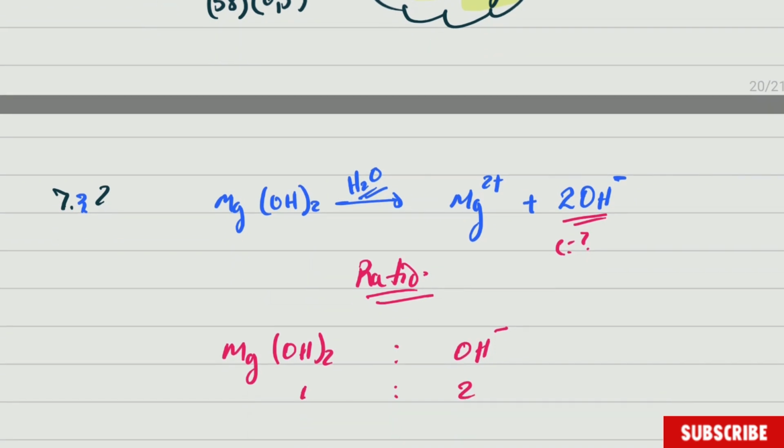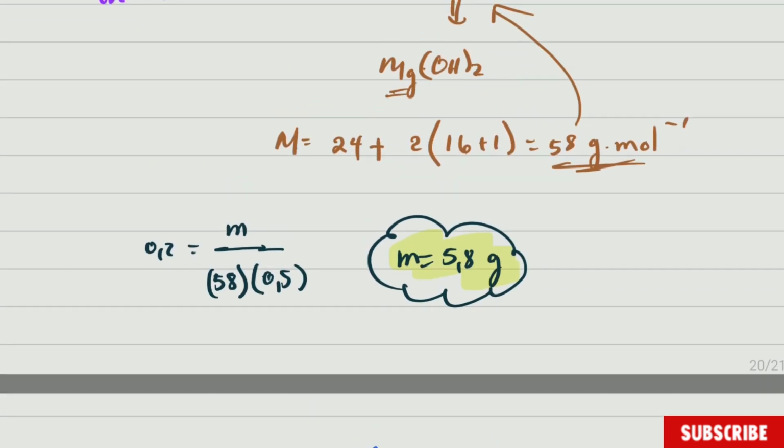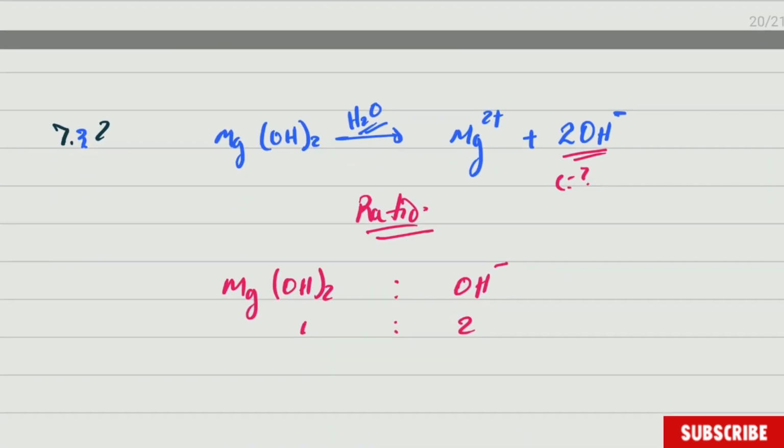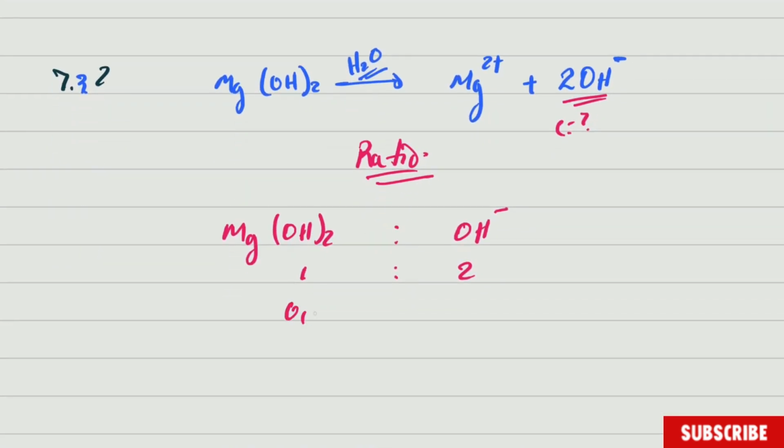So if the concentration here was given to us as 0.2 mole per cubic decimeter, let's write the unit, 0.2 mole per cubic decimeters, what will be the concentration of ions in that specific solution?